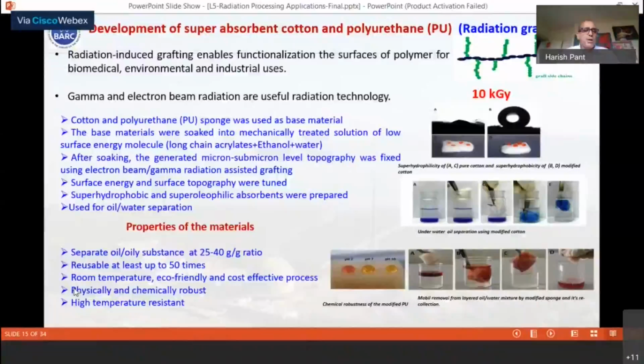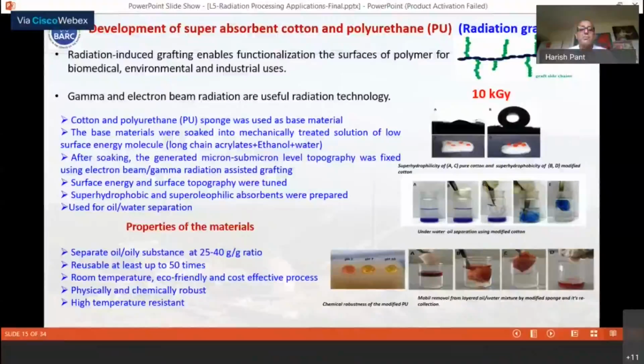They are reusable, they can be used at room temperature, they are eco-friendly, they are cost effective, physically and chemically they are robust, and they can also be used at high temperature. So what I want to tell you is that using the radiation technology we can develop different kinds of material for different applications.